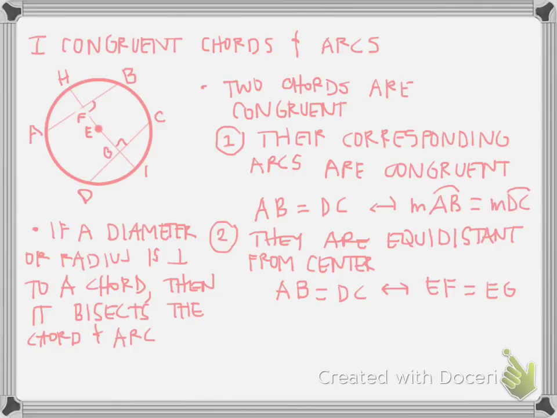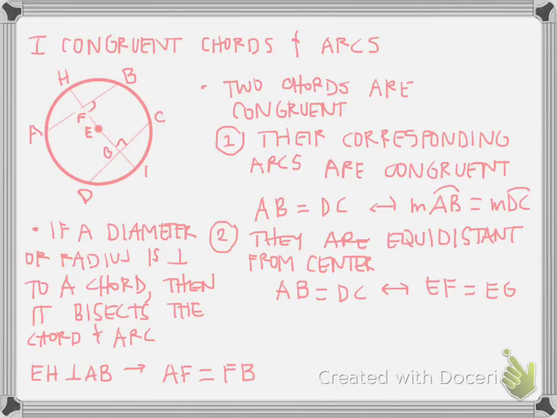Okay, so what does that mean? That means that if EH is perpendicular to AB, which I showed up here, that they're perpendicular to each other, then AF would be the same distance as FB.